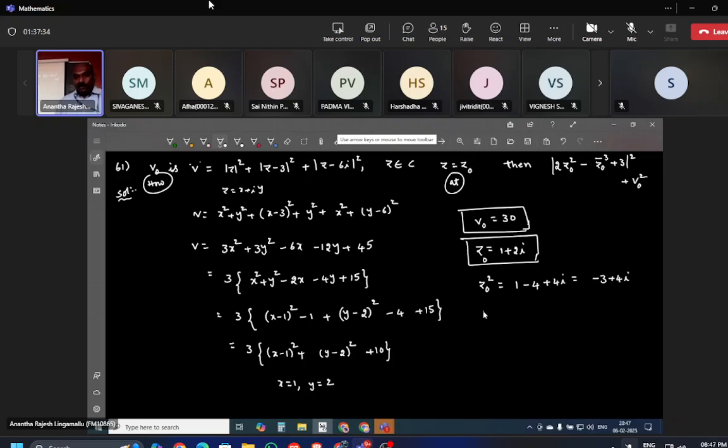Next, z naught bar. What is z naught bar? 1 minus 2i. Now z naught bar cube: 1 minus 2i whole cube, which is 1 minus 2i into (1 minus 2i) whole square. So (1 minus 2i) whole square is 1 minus 4 minus 4i.